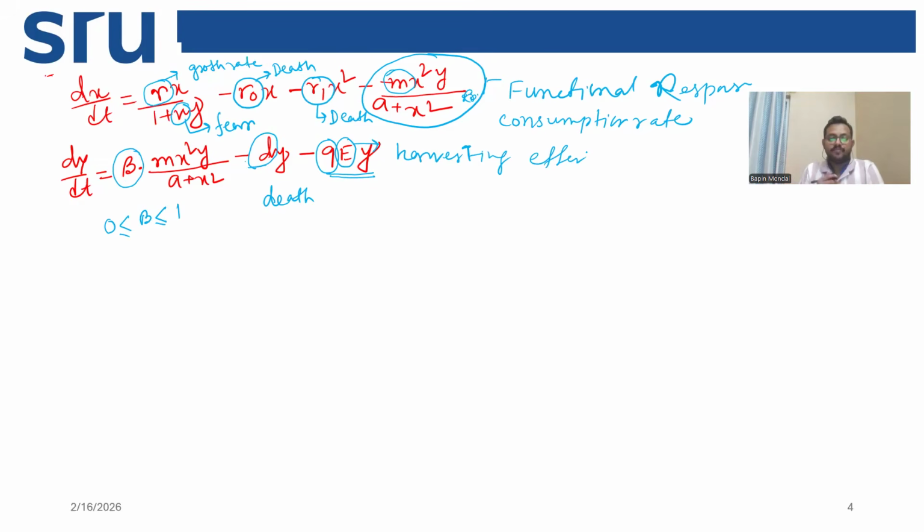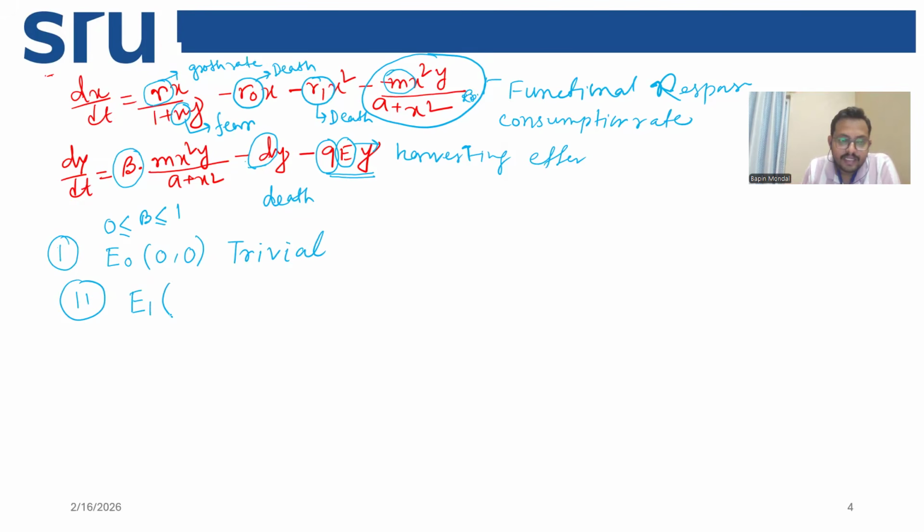So first we find the equilibrium points. We already know this system has three types of equilibrium points. First one is E0, which is (0,0), also known as the trivial equilibrium. Second one is the predator-free axial equilibrium point, which is ((r minus r0) by r1, 0).